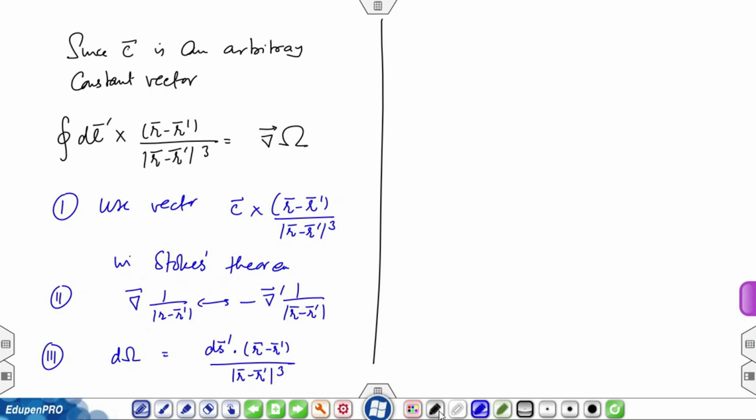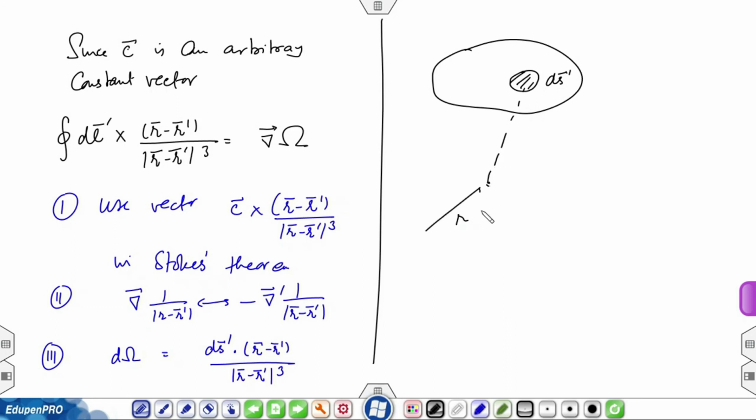So let me explain the third one. If here is this surface, here is a small d s prime, and here is this point r. This vector is r minus r prime.